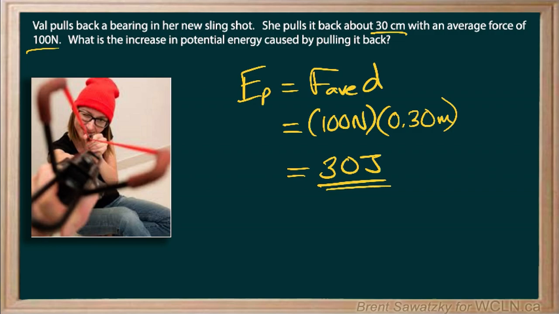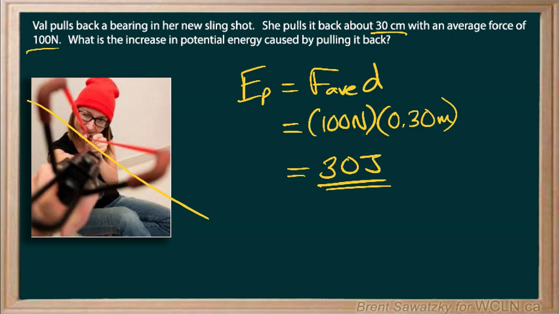And again, let's talk about what this is relative to, because potential energy is always relative to something. So this ball bearing, relative to the front of the slingshot, it was moved 30 centimeters back from there.